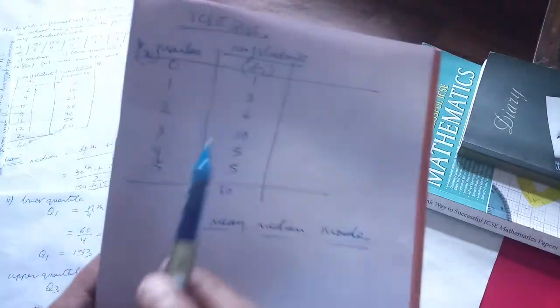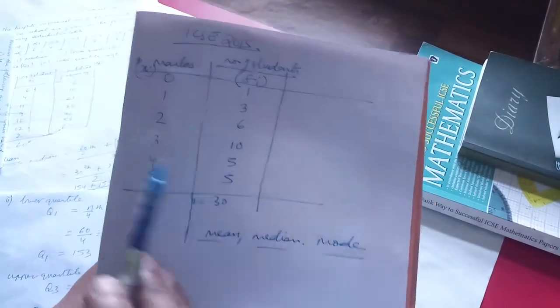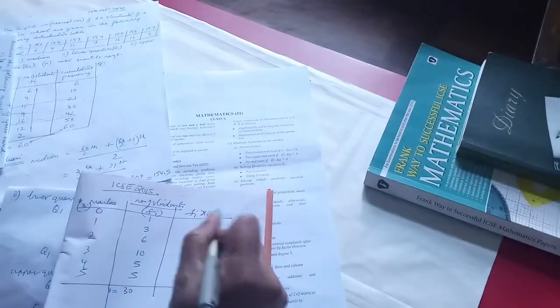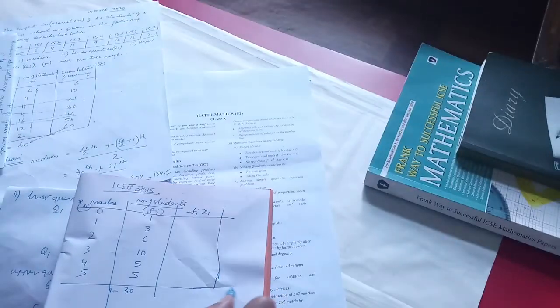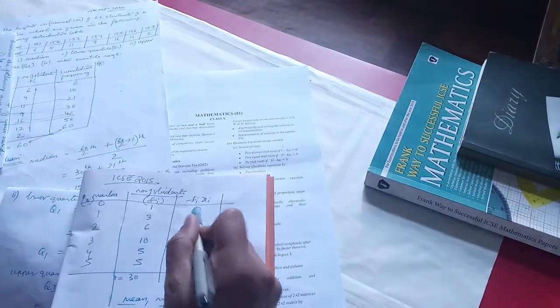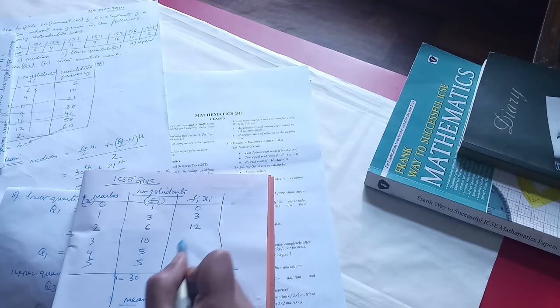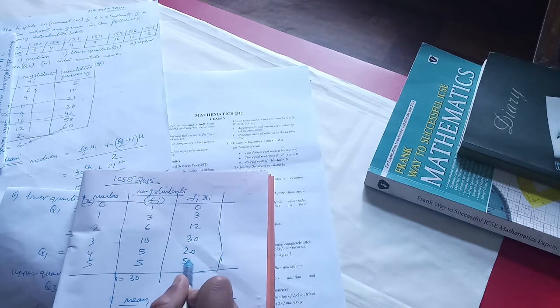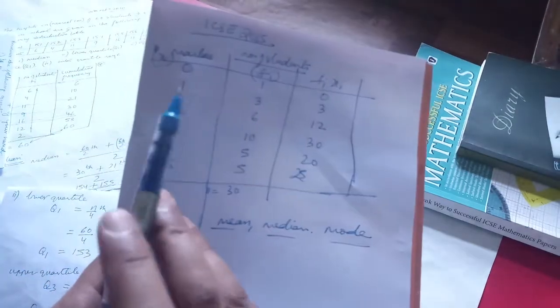Let us apply direct method because it is a very simple one. So third column will be Fi Xi. So you just multiply this. 0 into 1, 0, 3 1s are 3, 3 6s are 12, 3 10s are 30, 4 5s are 20, 5 5s are 25.